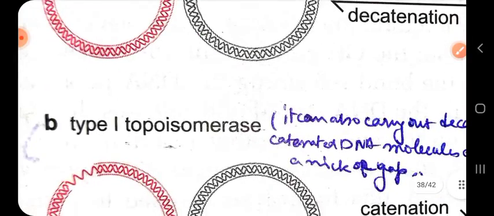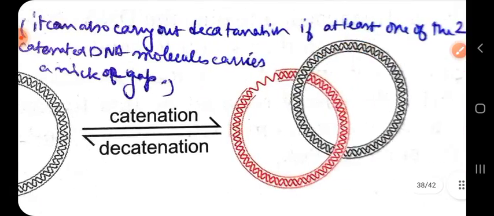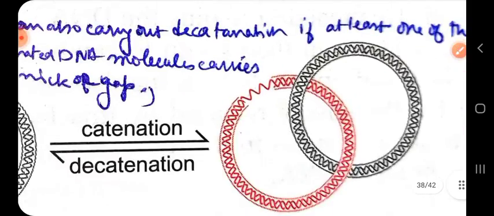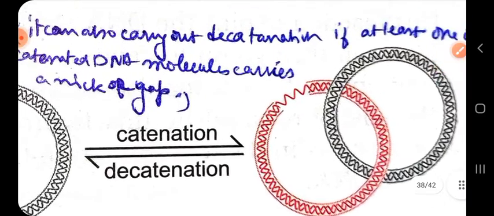Sometimes topoisomerase 1 can also play that role if one of the strands has been cleaved. If at least one of the DNA molecules carries a nick or gap, then topoisomerase 1 can cleave one of the strands, overcome that catenation, release them, and reseal them with the help of its ligase activity.